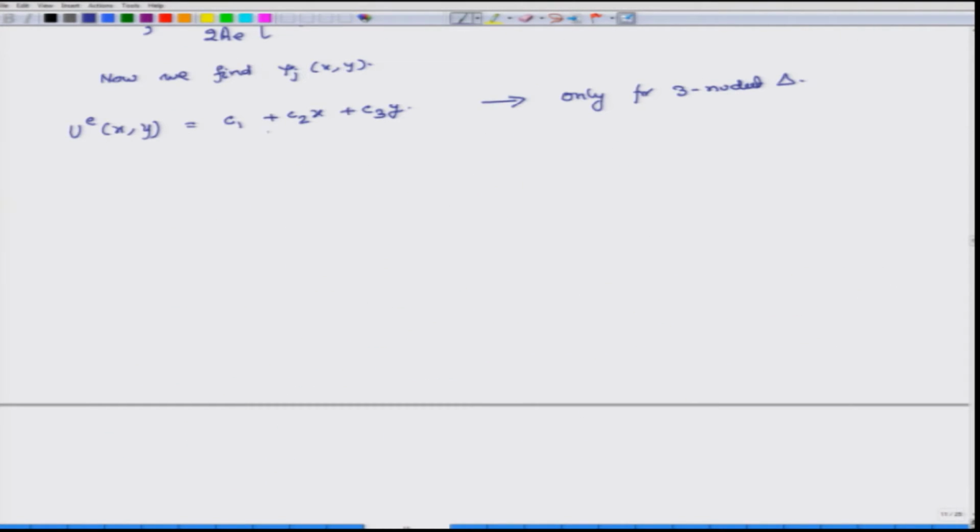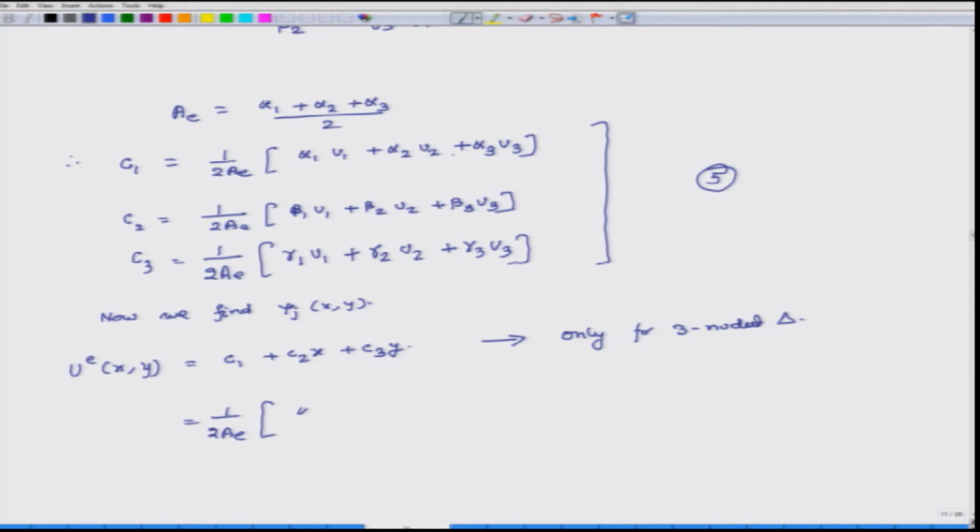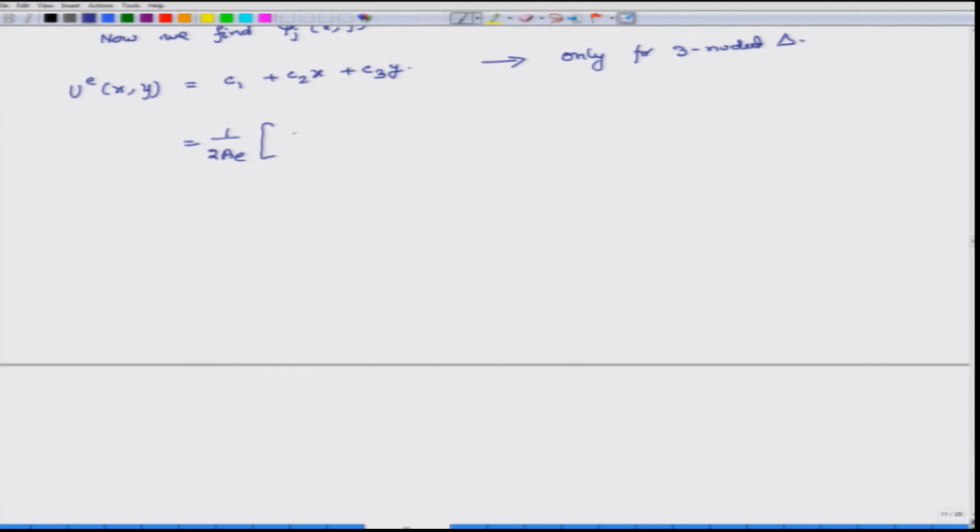So, u is equal to C1 plus C2x plus C3y, and we have already calculated the values of C's. So, this equals 1 over 2 AE, and what is C1? Alpha 1 U1 plus alpha 2 U2 plus alpha 3 U3.